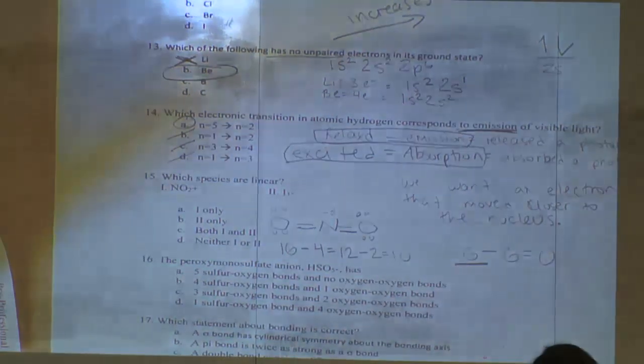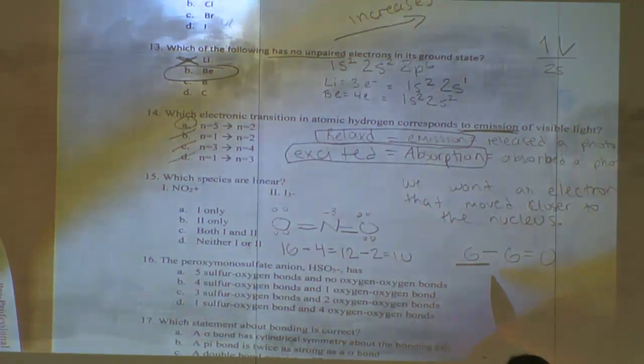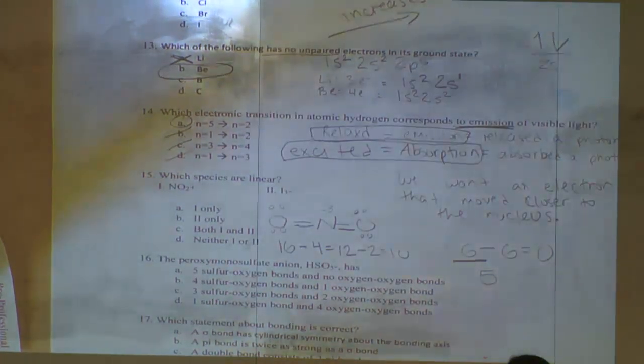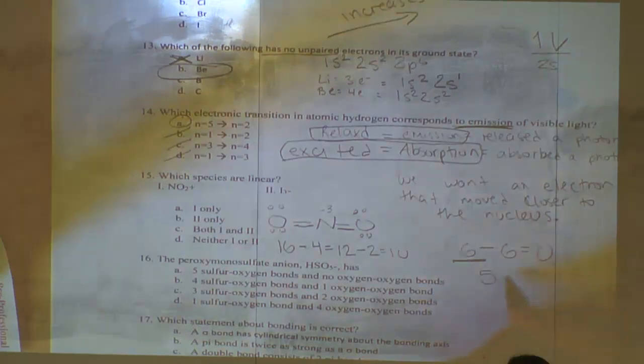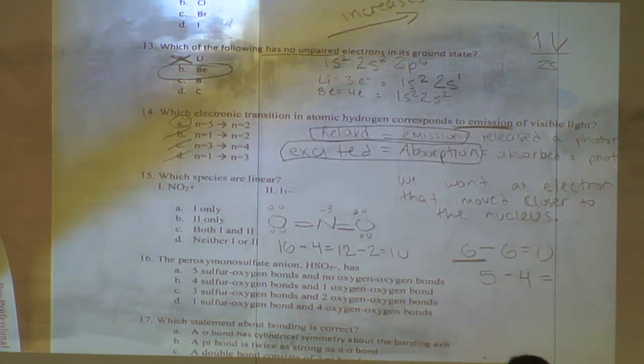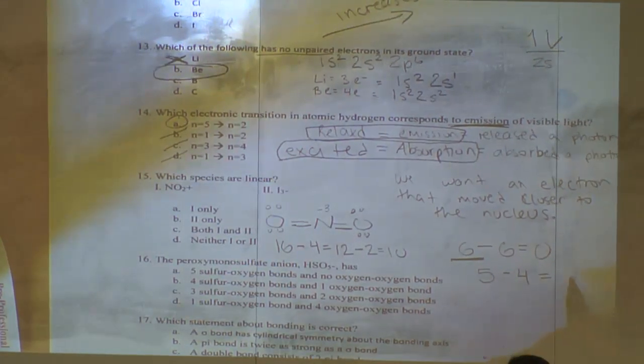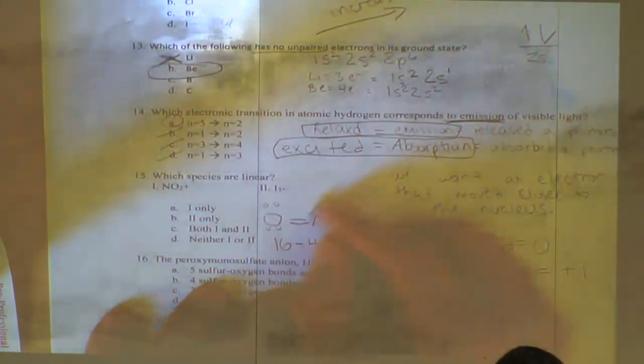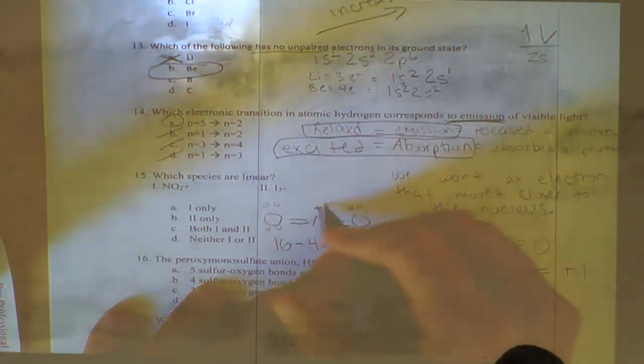Cool. So how did we get that? We know nitrogen has some valence electrons. How many? 5. And then how many lines and dots does it have around it? 4. There we go. 5 minus 4, and so we get what? Positive or -1? +1. All right, so we end up with nitrogen has a +1 charge.